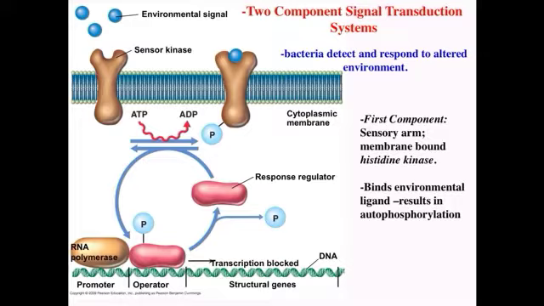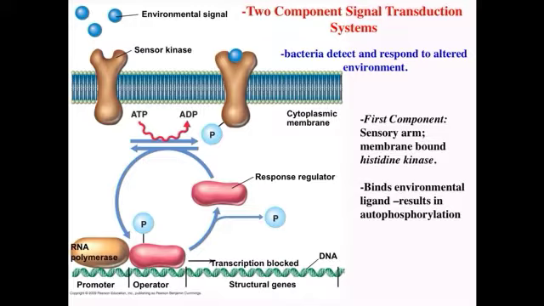This could be a salt molecule, a sugar molecule, an amino acid, a toxin. It could be nothing at all. Some of these sensory kinases actually sense heat or cold. So obviously that's not an environmental ligand. But they have an input domain in which they interact with the environment.